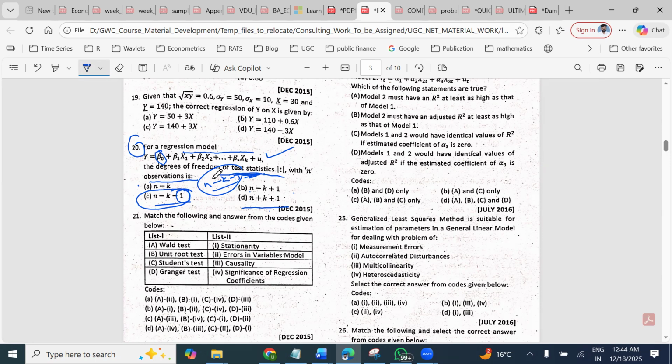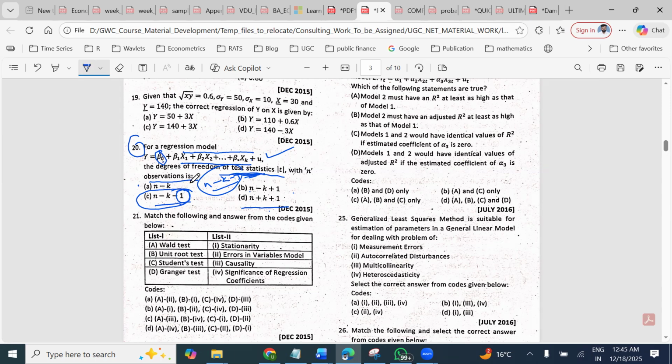Yes, sir. Okay. Madhusmita, you got it? Yes, sir. K means the total number of independent variables. Parameter means beta naught is also there. Yes, sir. Number of variables, minus another one for the intercept. Okay.